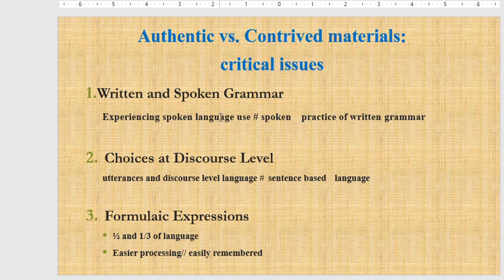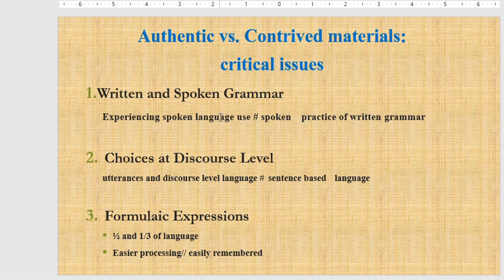Consider the textbooks developed and designed for Iranian high school students and learners. You see that there are some dialogues and conversations written by Iranian materials developers. You can understand easily that the language used in those dialogues is not spoken grammar, it is written grammar.